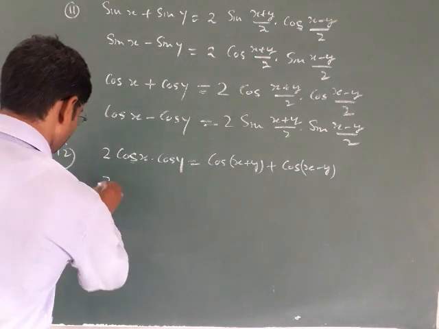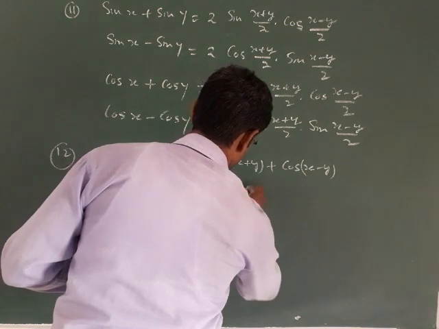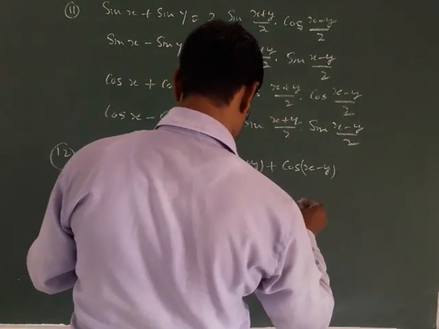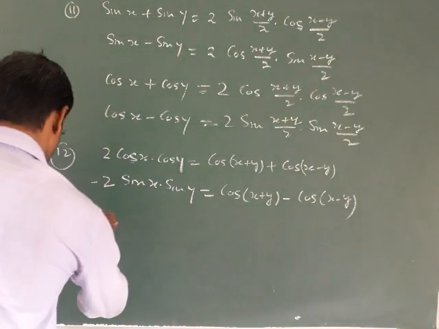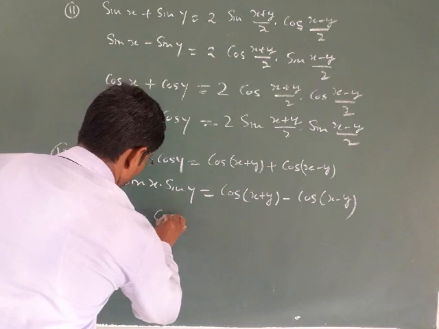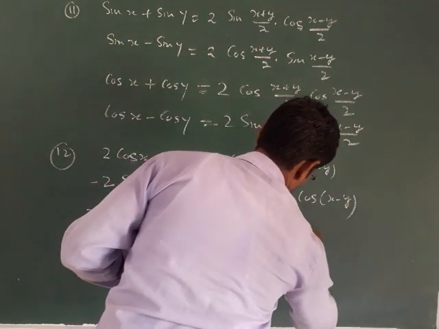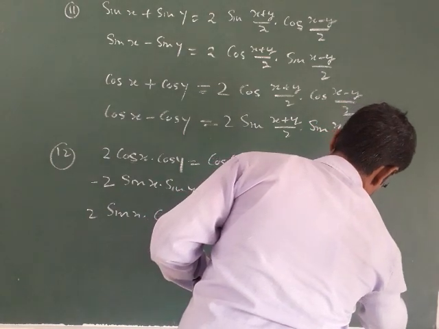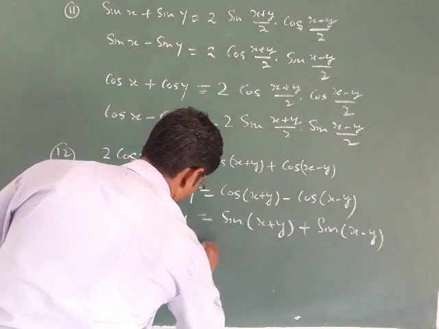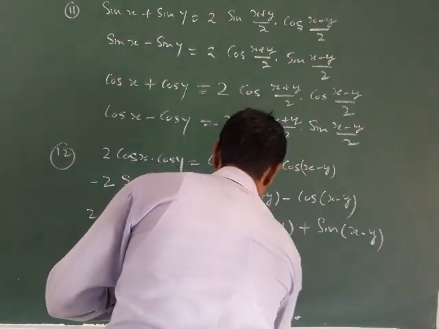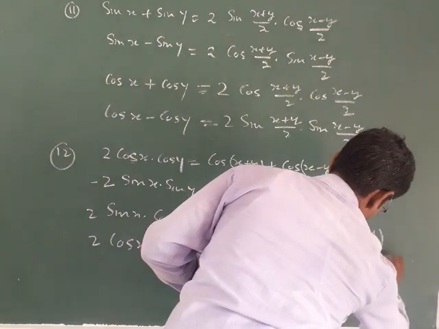Minus 2 sin x sin y is equal to cos(x plus y) minus cos(x minus y), and 2 sin x cos y is equal to sin(x plus y) plus sin(x minus y), and 2 cos x sin y is equal to sin(x plus y) minus sin(x minus y).